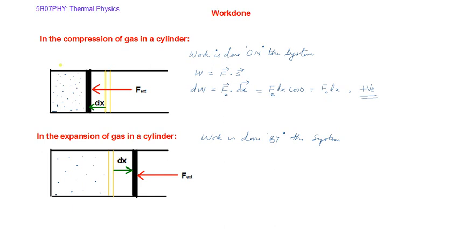The initial position of the piston was here, denoted by the two yellow lines, and the gas has expanded, which means the piston has moved from its initial position towards the right, shown by the green arrow denoted as dx.